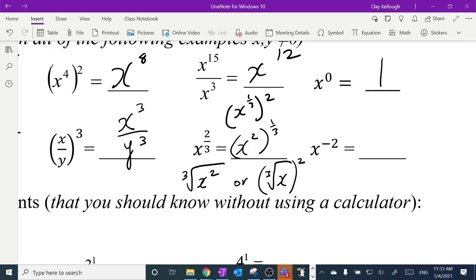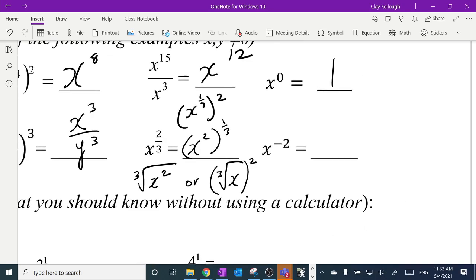And maybe a better way to write this, you could write this off to the side if you need a refresher, is x to the 1/a is equal to the a-th root of x. Right? That's the rule. Fractional exponents make radicals. A square root means power of a half. You learned that for the first time in grade 10.